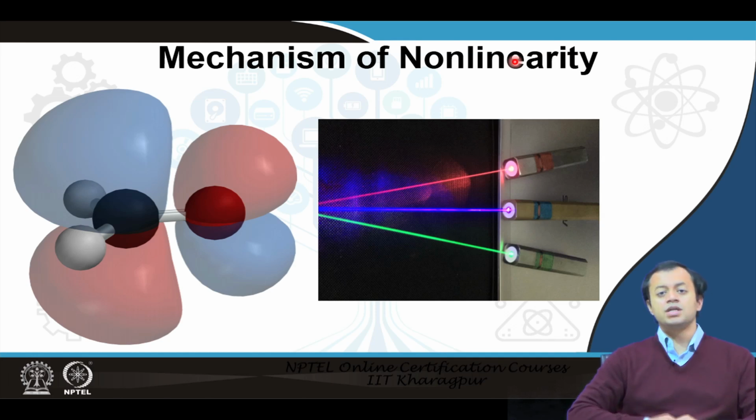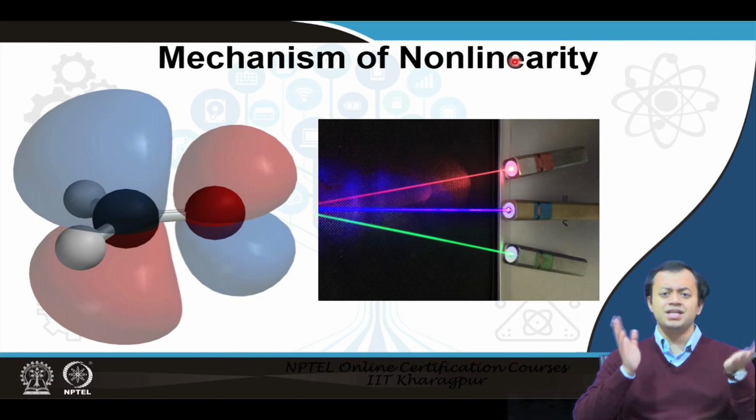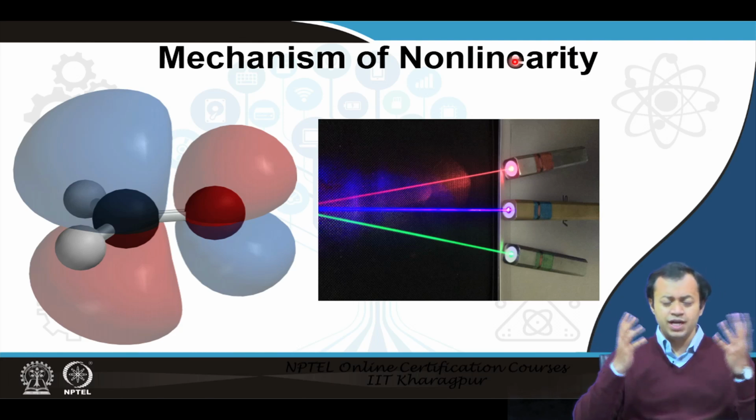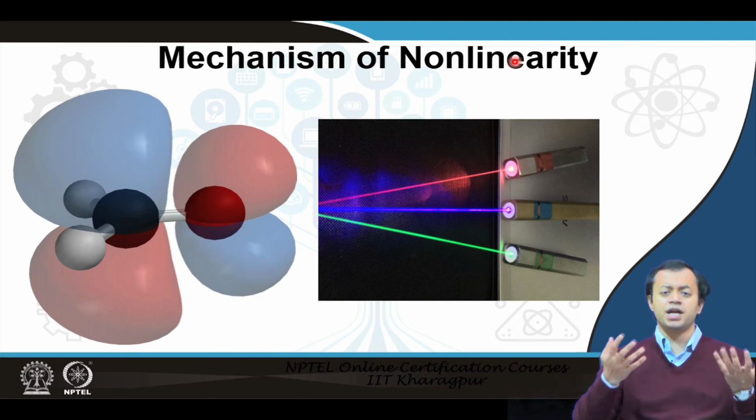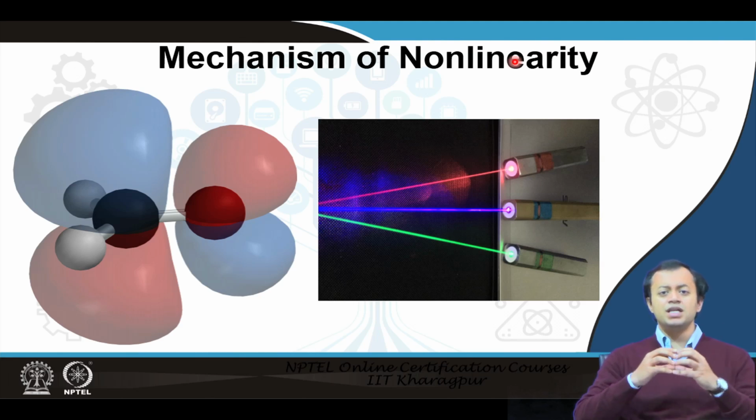I told you what linearity versus non-linearity means. Linearity is direct: x is directly proportional to y, a very simple relationship between input and output. Non-linearity, on the other hand, is a very complicated relationship where there is no direct relationship between input and output.